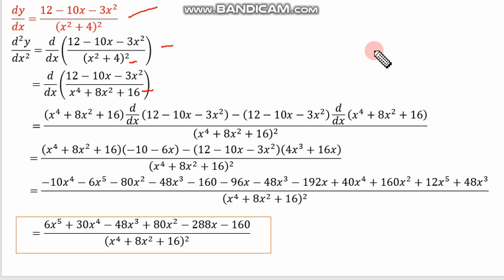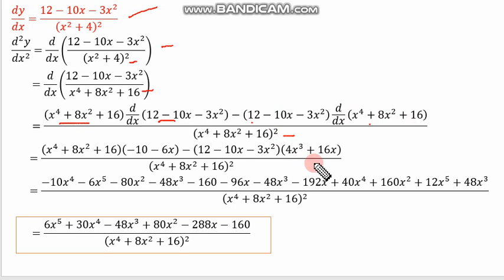Okay, so we will use the quotient rule to get the derivative of the function, which is the denominator, x raised to the 4th plus 8x squared plus 16, times the derivative of the numerator, so d/dx of 12 minus 10x minus 3x squared, minus the numerator, 12 minus 10x minus 3x squared, times the derivative of the denominator, so d/dx of x raised to the 4th plus 8x squared plus 16, all over the denominator squared.